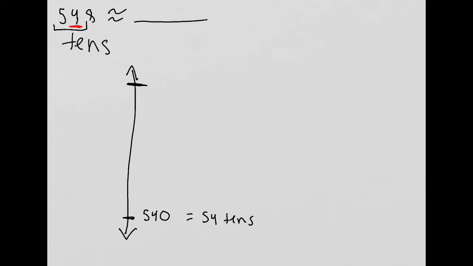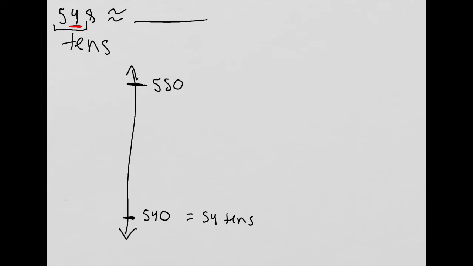Now for my top endpoint, I want to find out what is one more 10. So 540 plus 10 is going to be 550. So that means I'm going to be trying to figure out if I should round 548 to 540 or 550.